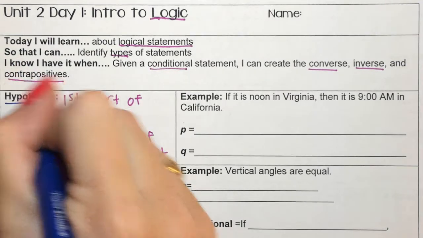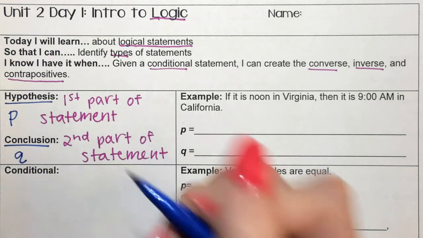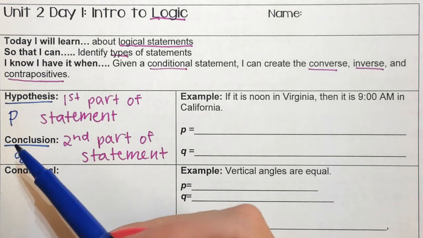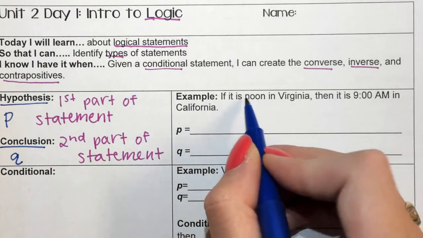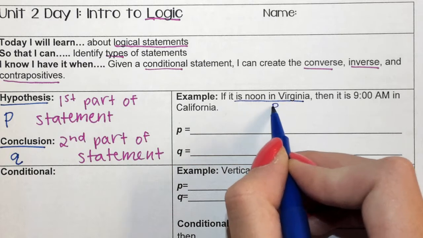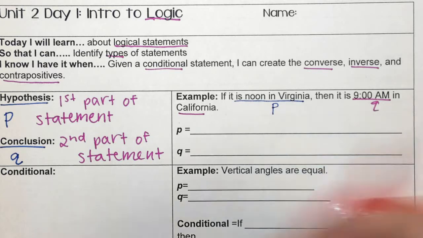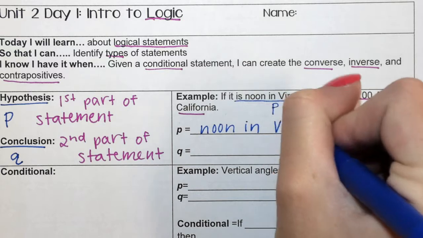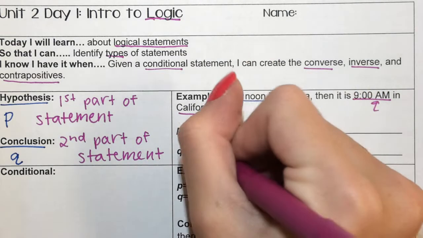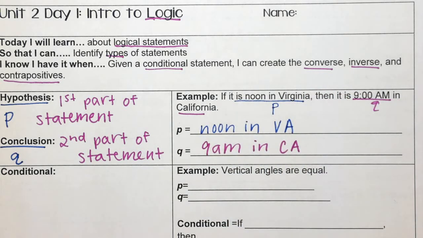Your symbol for the hypothesis is P, and your symbol for the conclusion is Q. You can pick any two letters, but you're going to see P and Q the most often. So in our example, if it is noon in Virginia, is P, then it is 9 a.m. in California is Q. So if we write that down, noon in Virginia, 9 a.m. in California. So these are just the pieces of statements.